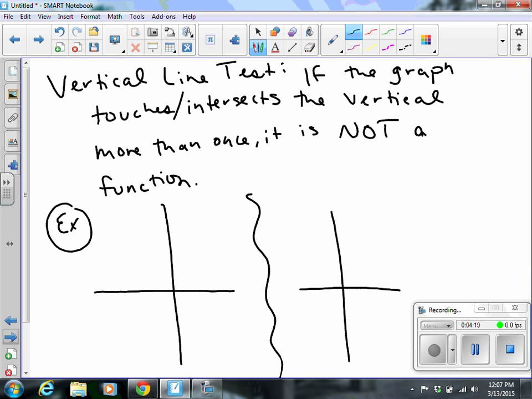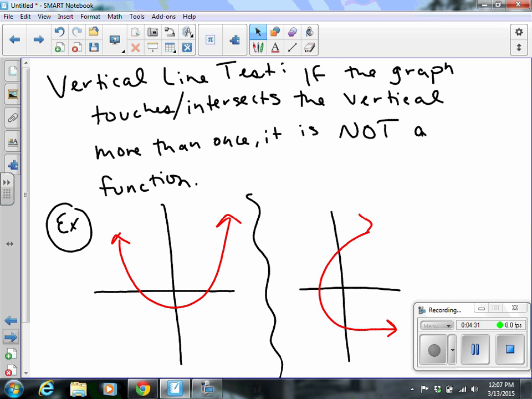I'm going to have two separate graphs here. All right, so looking at this, I've got two separate functions here. They're both graphed. So I'm going to use the vertical line test to determine if, in fact, it is a function. So what does that mean?